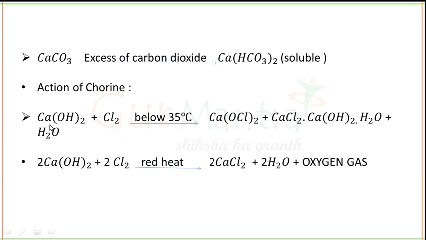When I repeat, when you react Ca(OH)2 with Cl2 below 35 degrees Celsius, you will get bleaching powder. And 2Ca(OH)2 plus 2Cl2 in presence of red heat gives 2CaCl2 plus 2 molecules of H2O and oxygen gas.